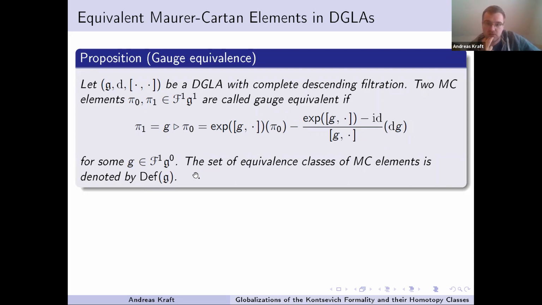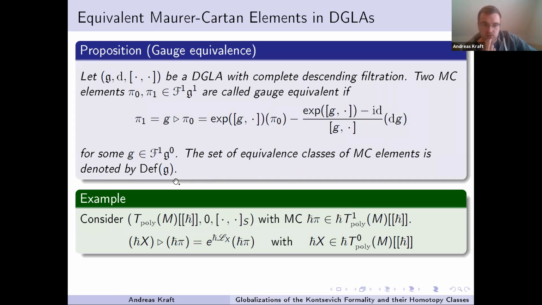So maybe let's look at an example. In the formality theorem, we had on one side the formal power series of vector fields. So let's look at this. The nice thing is that these formal power series induce such a complete descending filtration just by taking the orders in h bar.